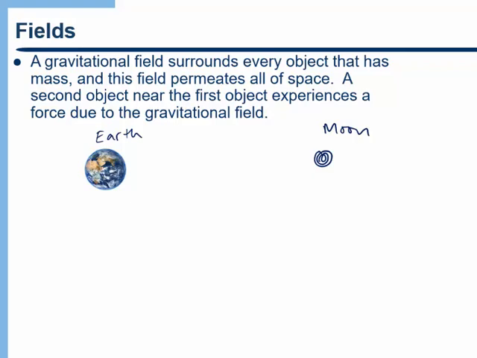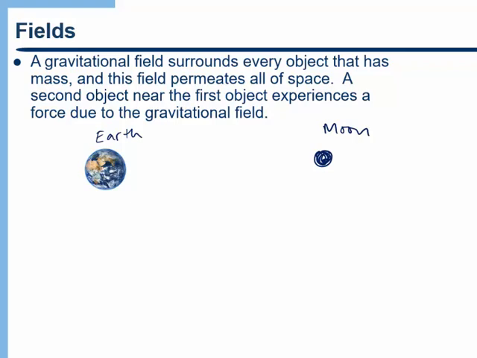That field surrounds the object, and in fact a gravitational field surrounds every object that has mass. And the reason that the moon then experiences a force is not because the Earth directly exerts a force on the moon, it's because the moon is in the gravitational field created by the Earth.